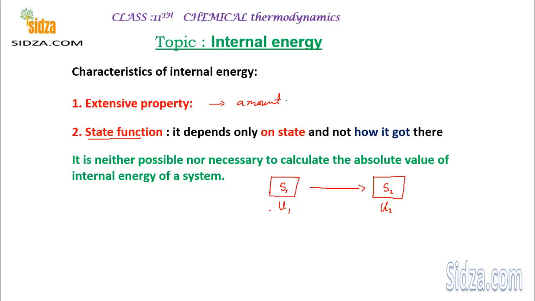Means we cannot measure the absolute value of U1 and U2, but what we can measure is the change in the internal energy. The change in internal energy, delta U, is U2 minus U1, internal energy in the final state minus internal energy in the initial state. That is the change in internal energy. This is something that we can calculate. We can measure it during the process. But we cannot measure the absolute value of U1 and U2.